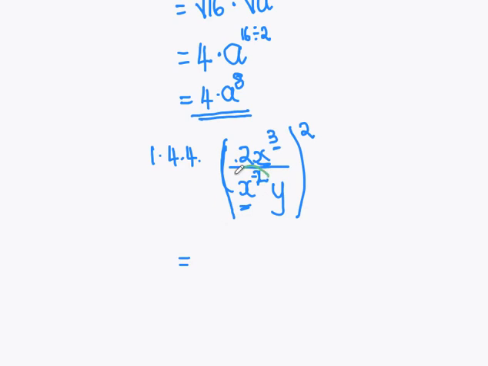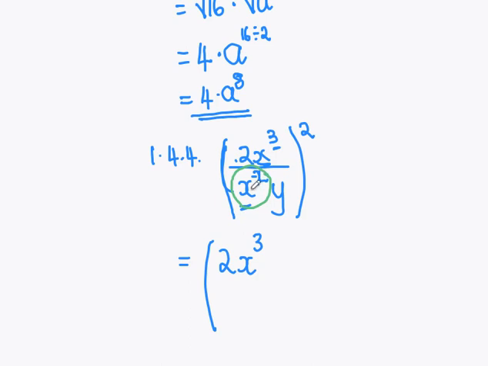So we will move x to the power negative 2 to the top. So now on top we have open bracket, 2x to the power 3, and then because we're moving this one to the top, it changes the sign.